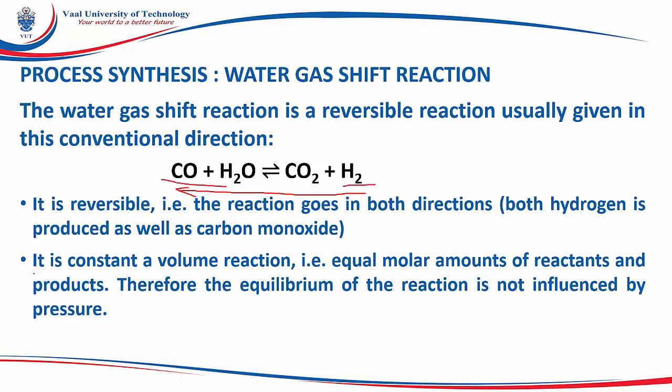The reaction is a constant volume reaction. It is an equimolar reaction, meaning equal molar amounts of reactants and products get formed. So you are reacting 1 mole and 1 mole to form 1 mole and 1 mole. Therefore, the equilibrium of this reaction is not influenced by a change in pressure or volume, because the same number of moles get consumed as get produced.